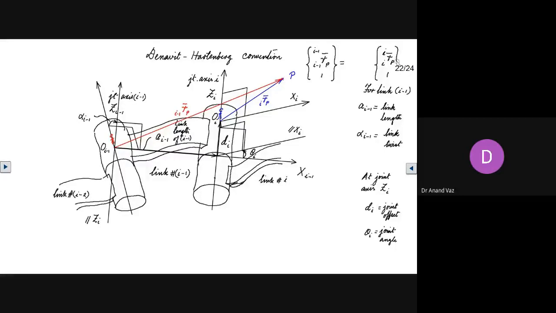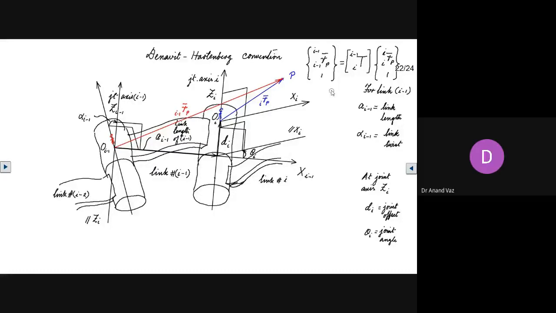And we know that the relationship between these two is given by the homogeneous transform, that is the T matrix from I to I minus 1. I corresponding to this, I minus 1 corresponding to this. So this is our 4 by 4 T matrix.